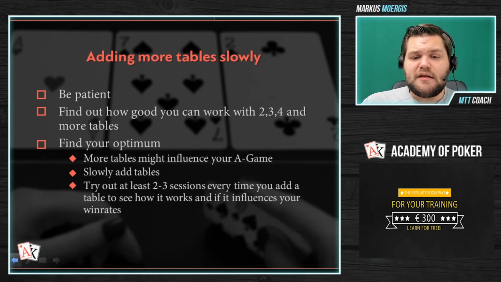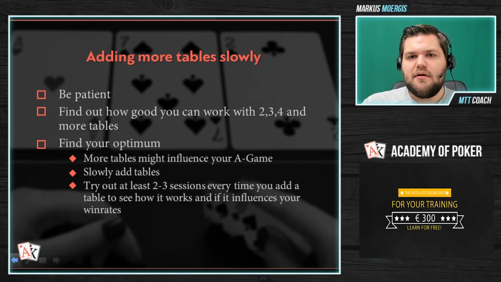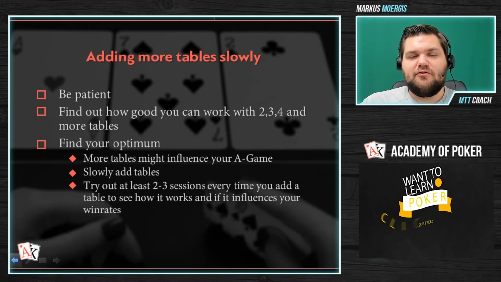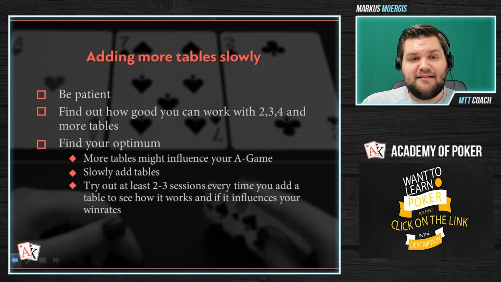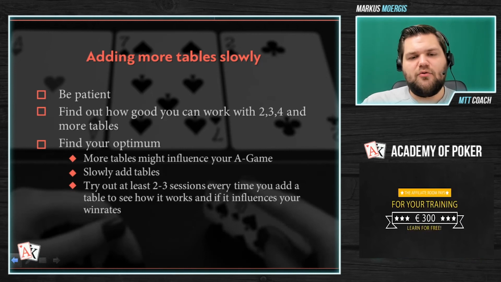So you've got to find your optimum, see according also to your stats, what your best way of playing is, where you see that you can easily play your A game without making any mistakes. And then, as I said, slowly add a little bit and at least try it out for 1, 2, or even 3 sessions, trying the amount I said. And again, start maybe with 2 tables, then go to 4 tables, and just see how it works, how easy you can adapt to it.